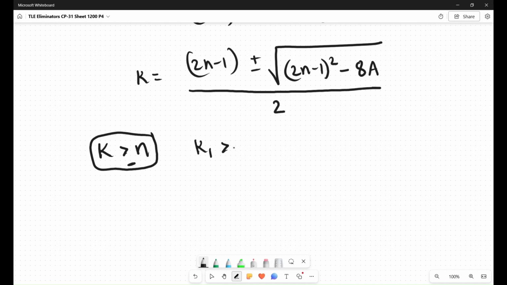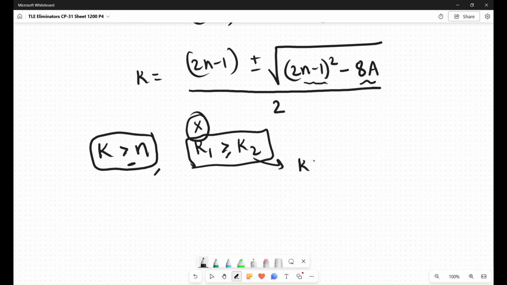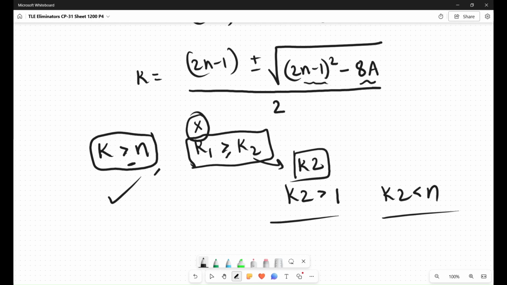Let k1 be the greater value of k. It can be equal also when the two roots coincide, but k1 is greater than or equal to k2. When k is greater than n, we will just discard k1 and choose k2. And we for sure know that k2 will fit in the limits, so k2 will be greater than 1 and less than n.